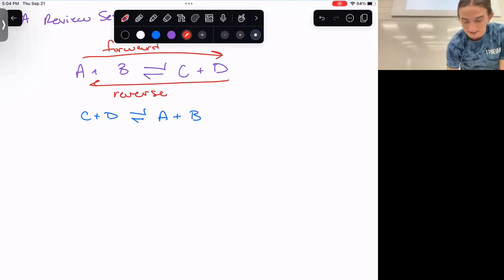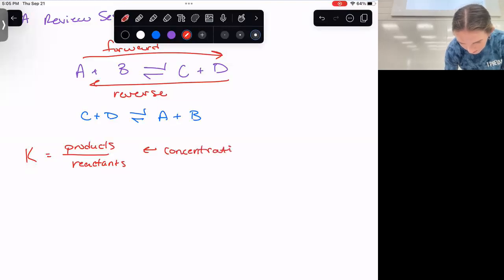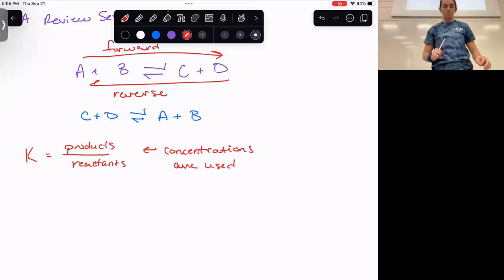Does anyone know how we set up K? Good. So we have products over reactants, and specifically it's going to be the concentrations that we use in this expression.